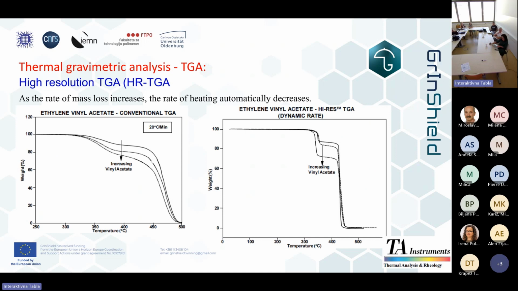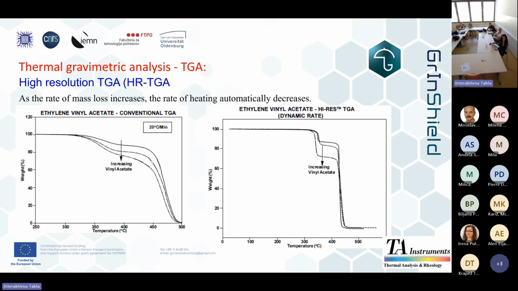There is also one possibility, high resolution TGA. So this helps us to separate some weight losses and different steps in degradation to get better insight into this. This is conventional TGA, increasing vinyl acetate. We see that the more vinyl acetate we have, the more it degrades in this area, about 300 degrees.